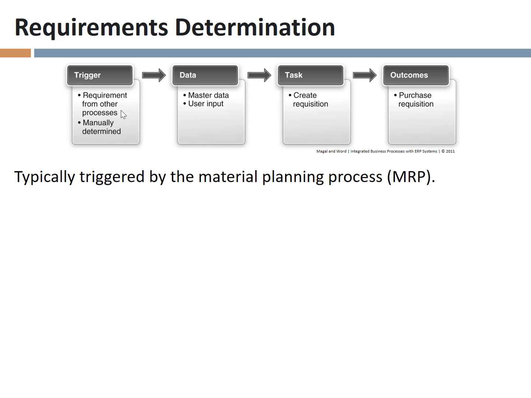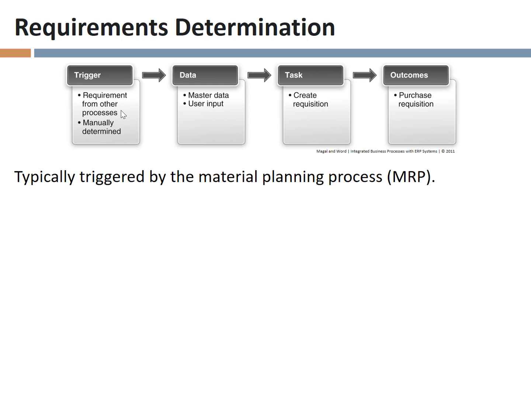We have sales forecasts, we use that to plan our production, and from that comes a set of requirements for raw materials, semi-finished goods, and so on. And so that is going to trigger the creation of a purchase requisition. But it could be manually determined.